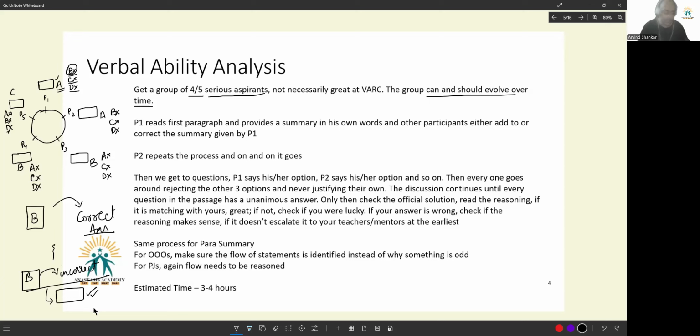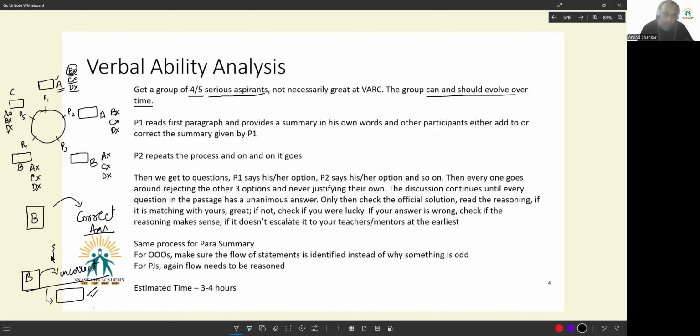See, the challenge with RC is, one, understanding the passage, and second, being able to eliminate options. Understanding of the passage improves with people summarizing, and elimination of options improves with everybody engaging in the exercise of providing reasons for why I eliminated this, why I eliminated that.